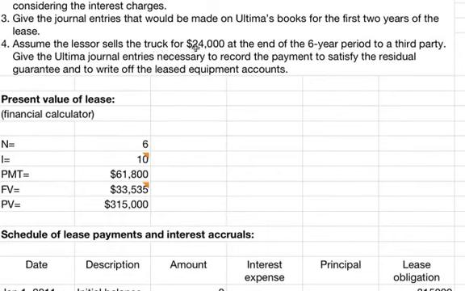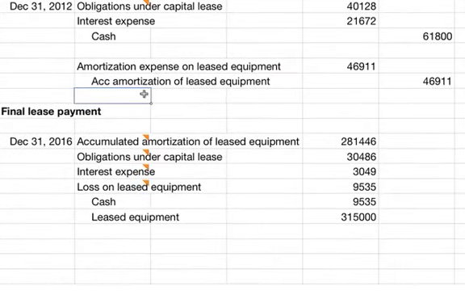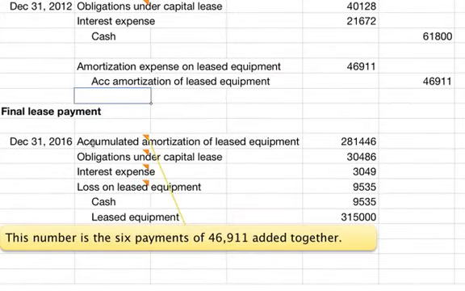Assuming the lessor sells the truck for $24,000 at the end of the 6-year period, we have accumulated amortization of leased equipment. This is the number of the 6 payments, $46,911 added together, so $46,911 times 6. That's the full balance in the accumulated amortization of leased equipment.